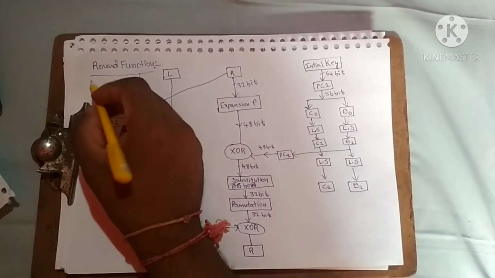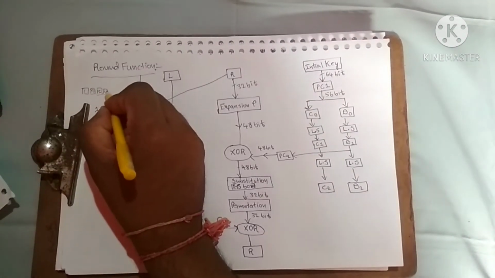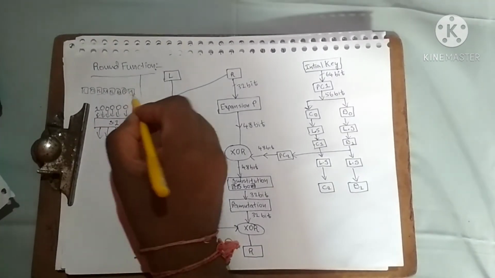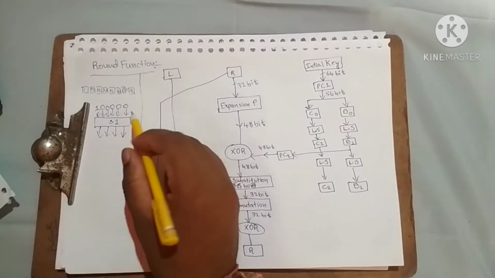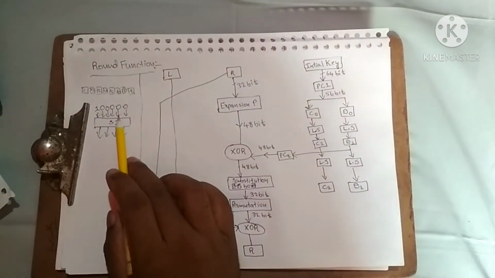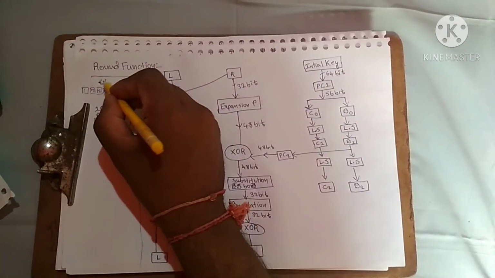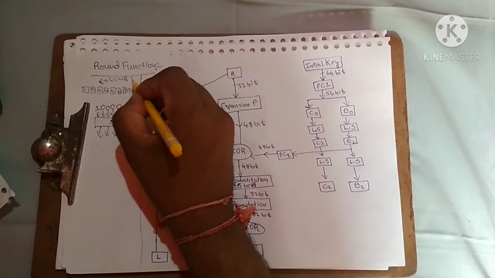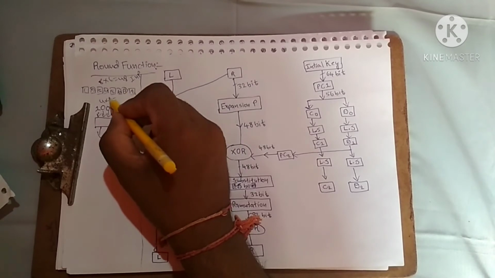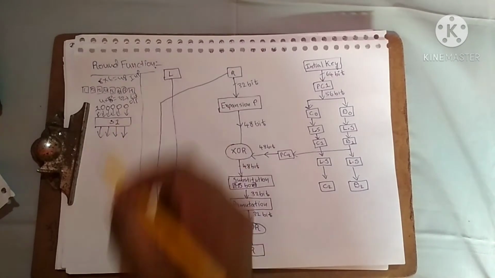Like that we have 8 S boxes: 1 2 3 4 5 6 7 8. In these 8 S boxes we take 8 into 6, that is 48 bits, as input, and we generate 4 into 8, that is 32 bits, as output.